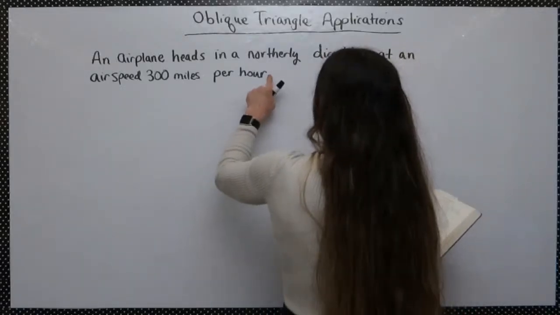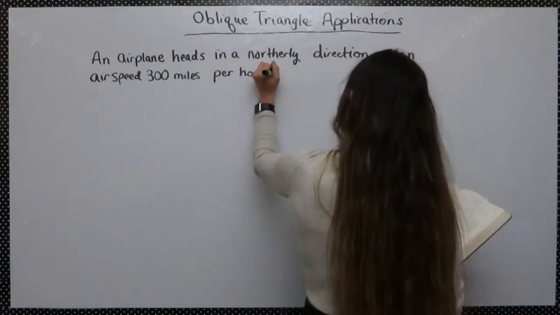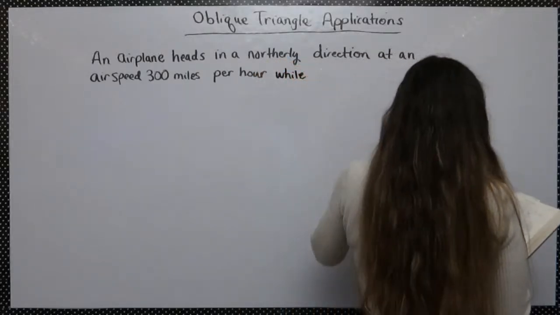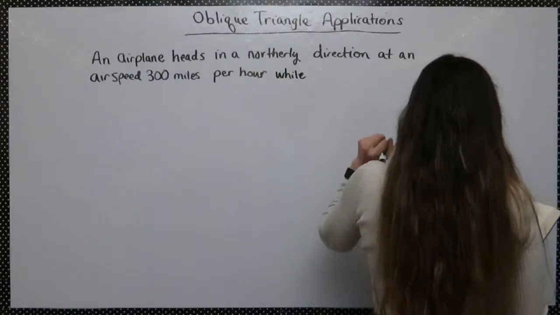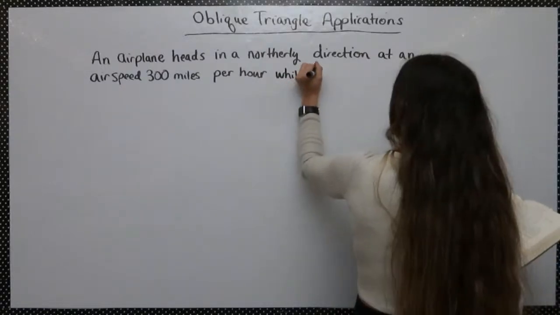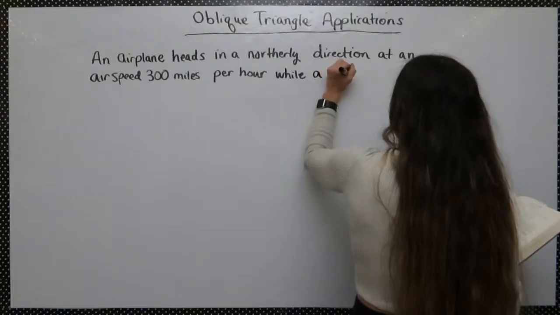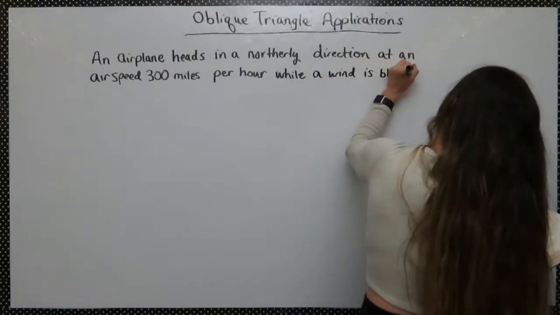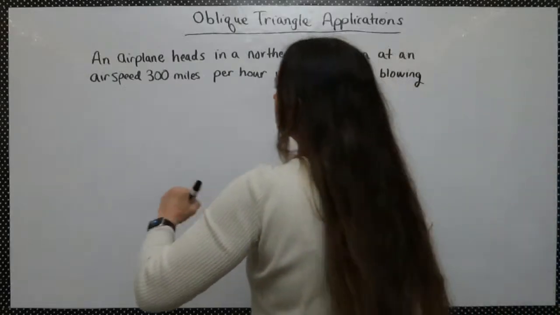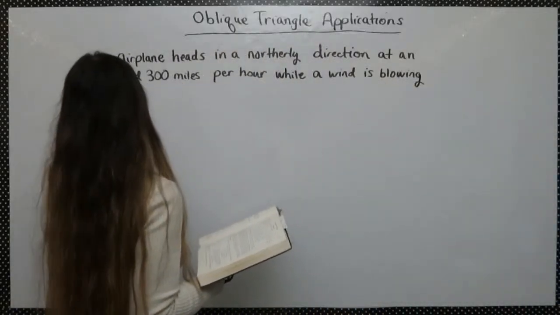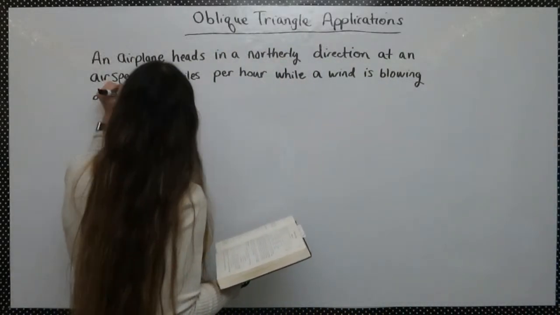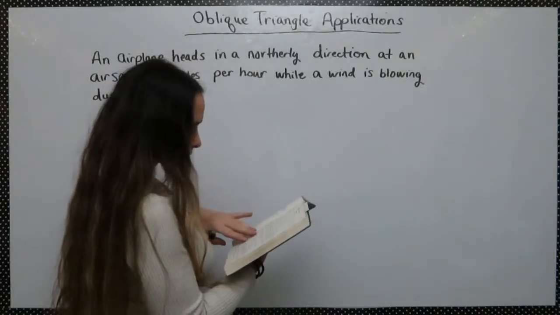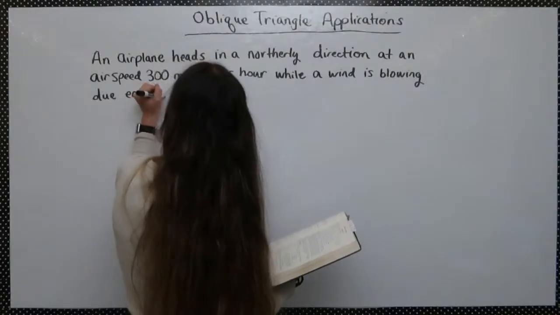All right, it says while a wind is blowing due east at 50 miles per hour.